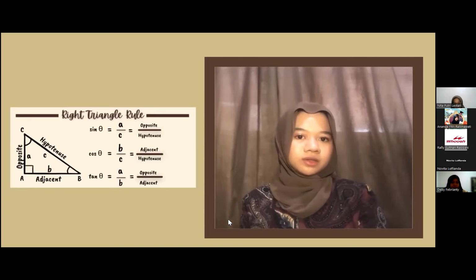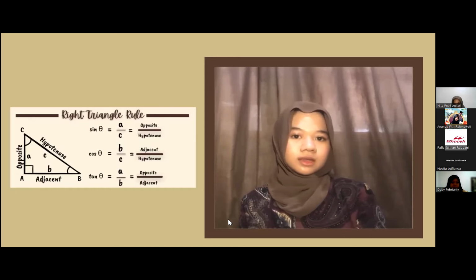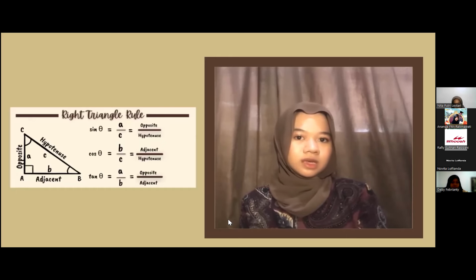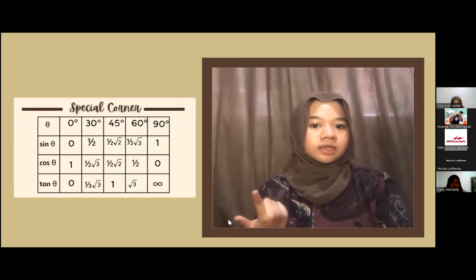For right triangle rules, sin theta equals A over B, equals opposite over hypotenuse. Cosine theta equals B over C, equals adjacent over hypotenuse, and tangent theta equals A over B, equals opposite over adjacent.